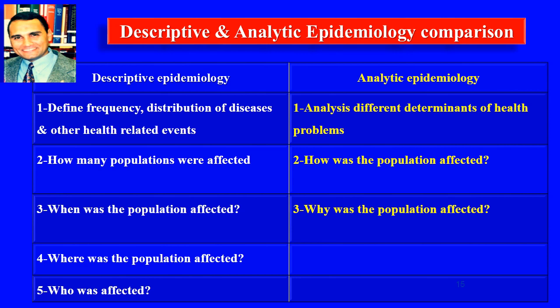Descriptive epidemiology asks about when the population was affected, while analytical epidemiology searches for why this population was affected. Descriptive epidemiology asks about where the population was affected and who was affected in this population.